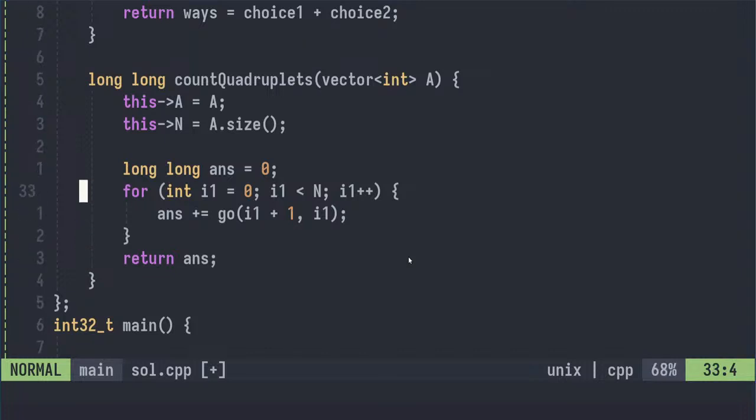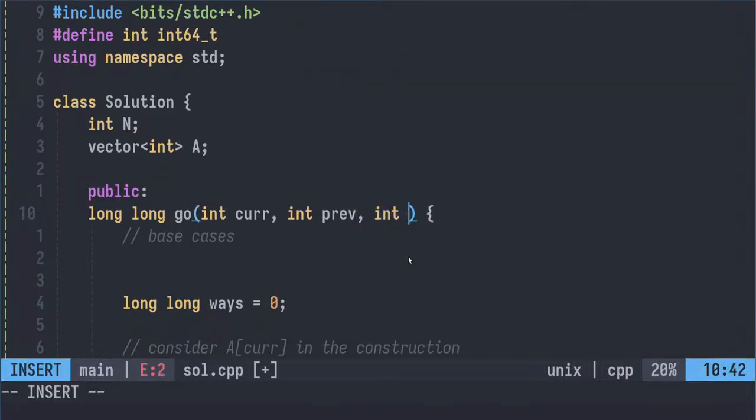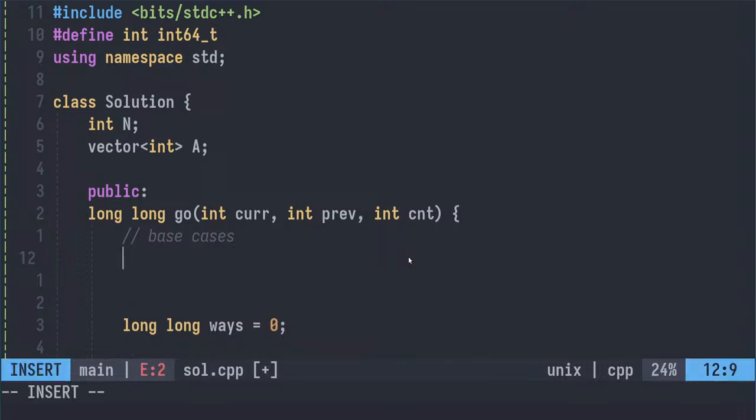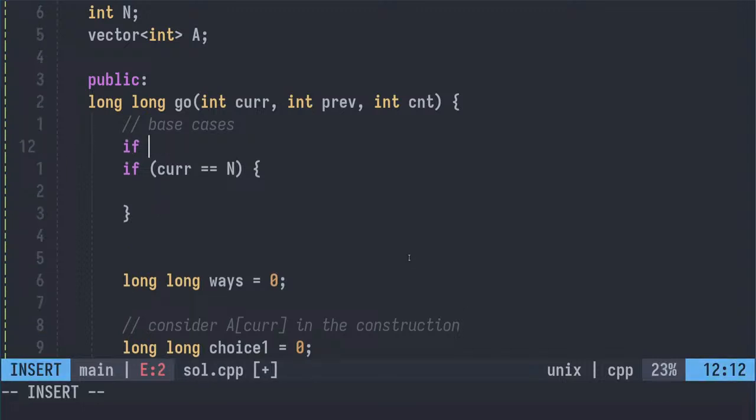There is one more thing that we have missed, which is the number of indices that we have chosen. If you don't know that, you can choose up to n values in the subset. So if we are at the final index, let's say if count is greater than 4, we said that there is no way, we don't want to consider that.